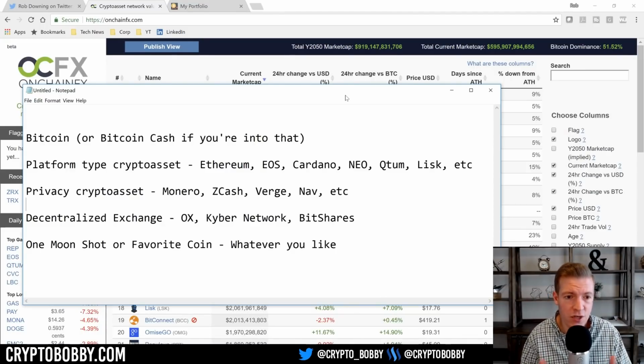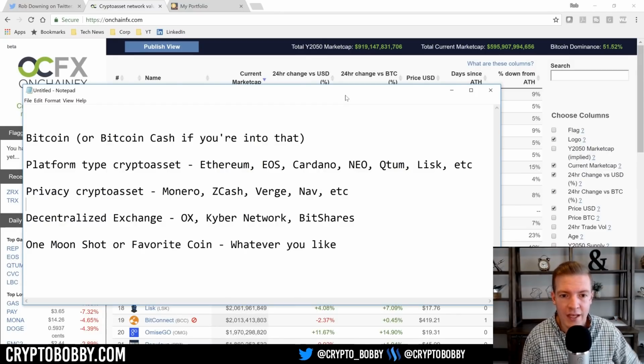And the one thing I will say here too, and why I broke it out this way, is breaking things down as a platform or a privacy coin or a decentralized exchange. There are competitors on basically every single front, for the platforms, for the privacy coins, for the decentralized exchanges. So I would recommend doing your own research to find out which one you like the best.